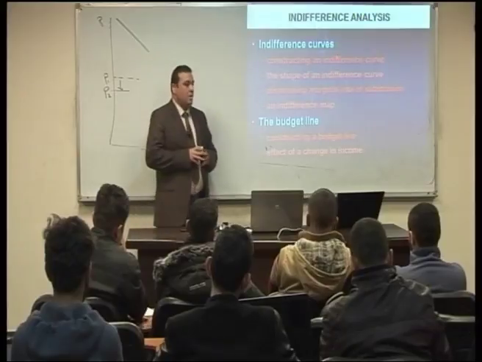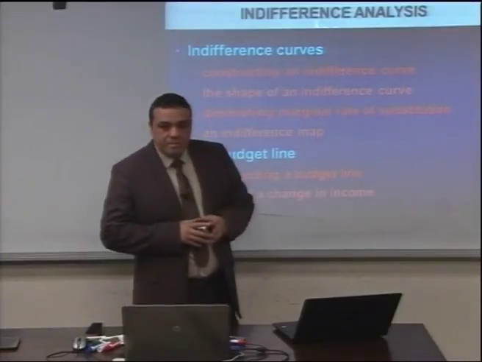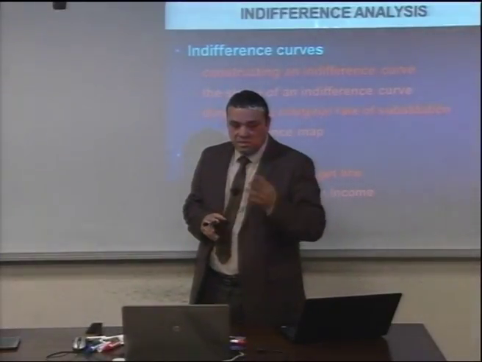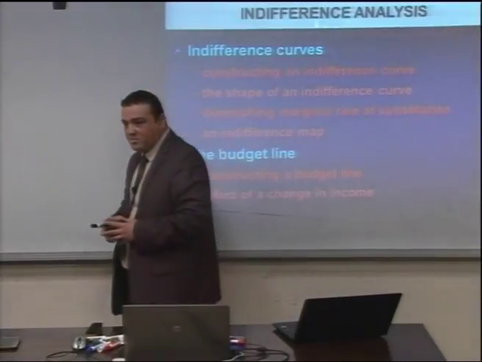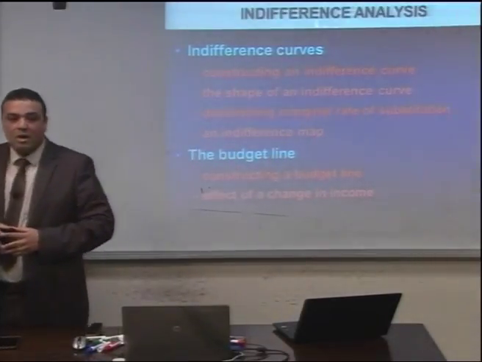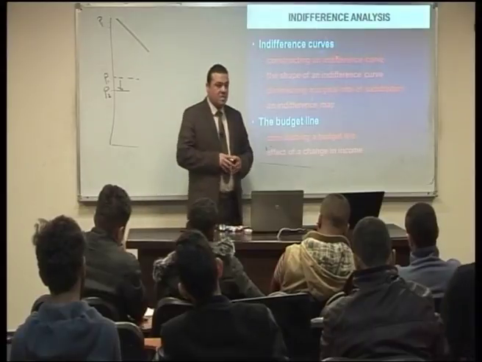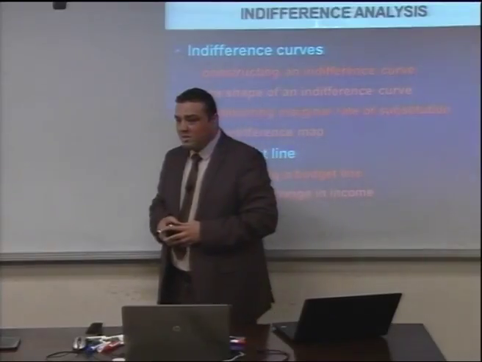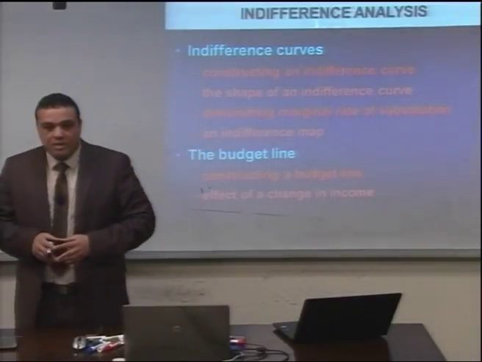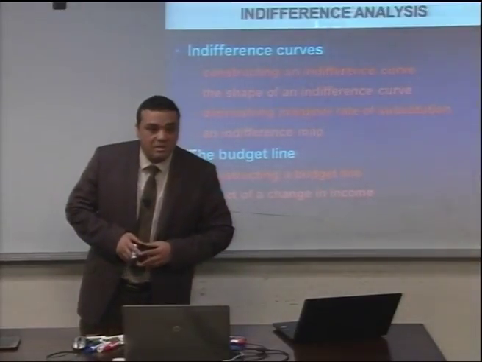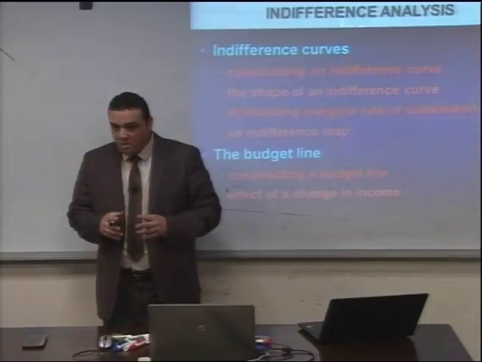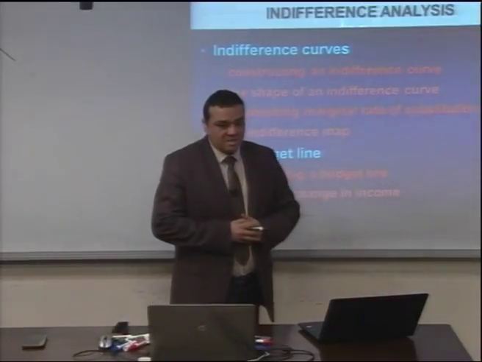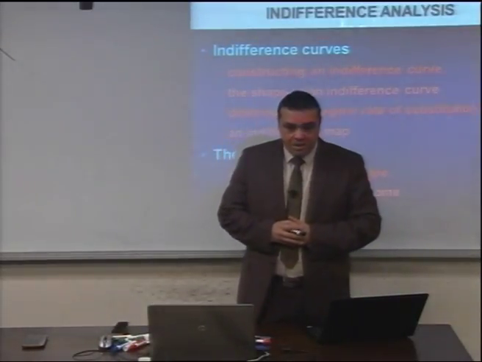The consumer equilibrium, as you studied in principles of microeconomics, occurs when the indifference curve, which represents the total utility, is tangent to the budget line, which represents the ability of the consumer to buy different bundles of goods.